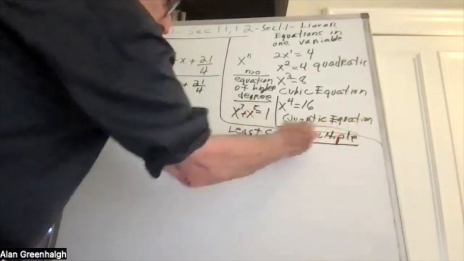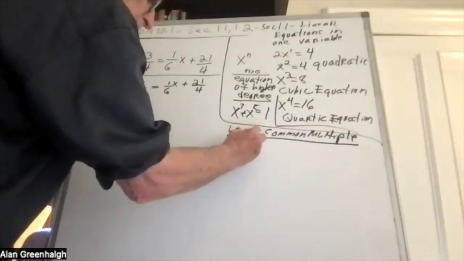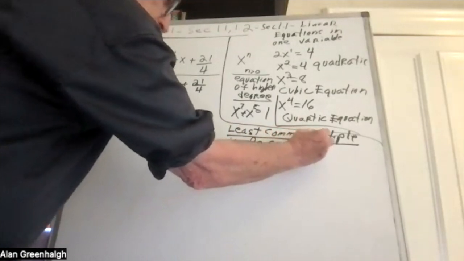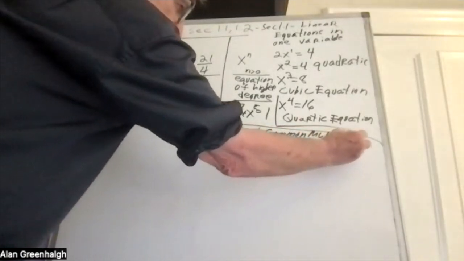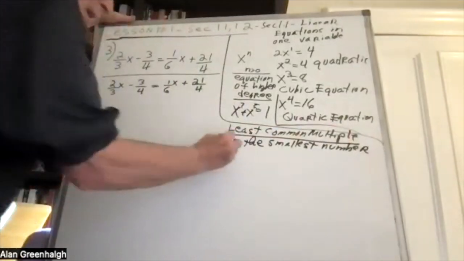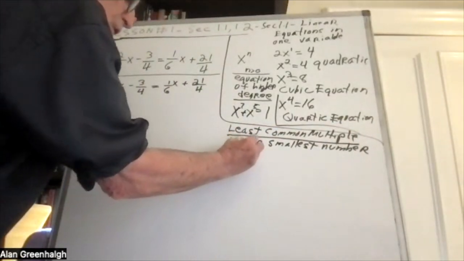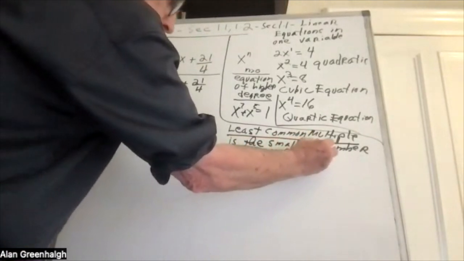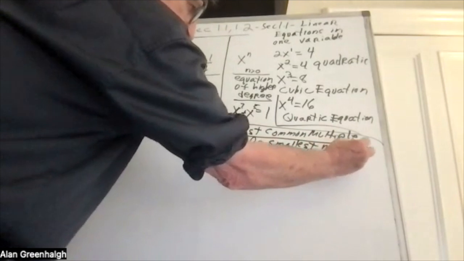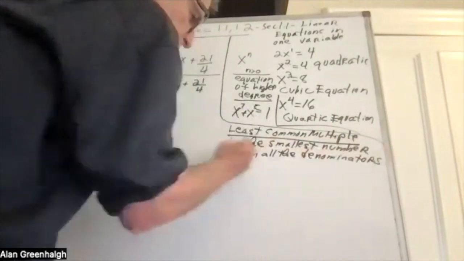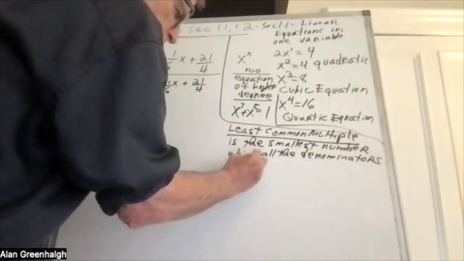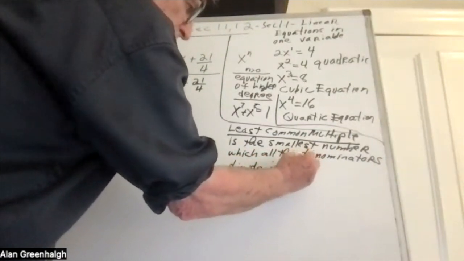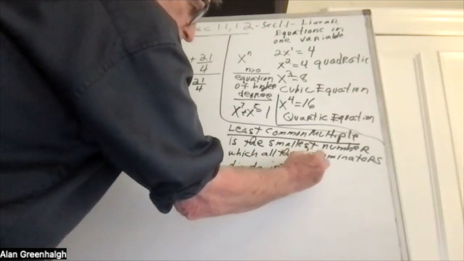The least common multiple is the smallest number which all the denominators divide into evenly.